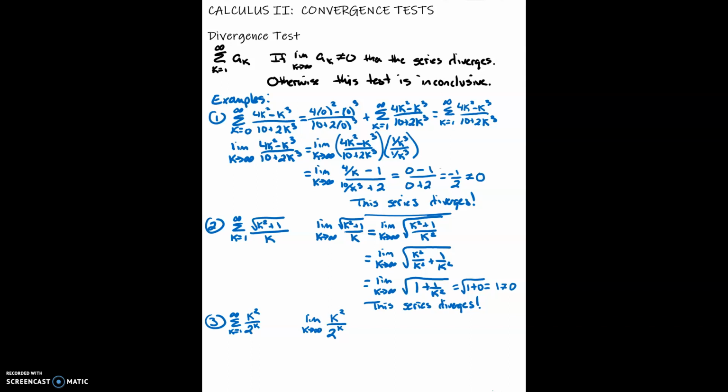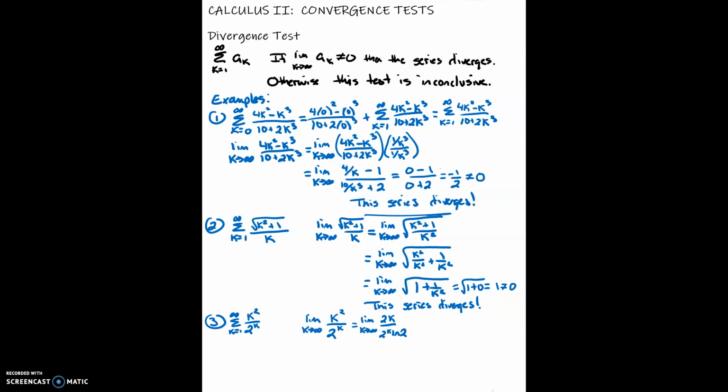If I want to take this limit, I remember good old L'Hopital helped me out here. We can use L'Hopital's rule. I'm now going to take the limit of 2k over, what's the derivative of 2 to the k? Well, that's 2 to the k times the natural log of 2.